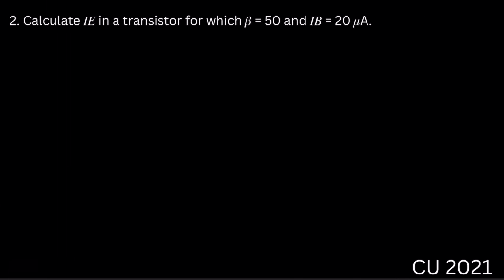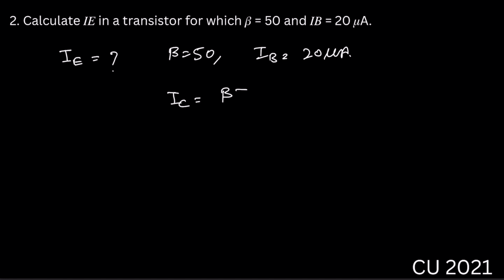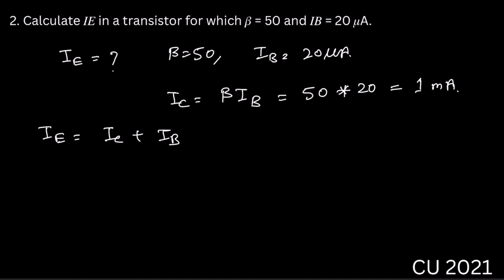So this is a very short question. They need the value of IE, where beta is 50 and IB is 20 microampere. It's very easy. We know that IC equals beta into IB. From here we can write down 50 multiplied by 20 microampere equals 1 milliampere. Okay, so IE equals IC plus IB.